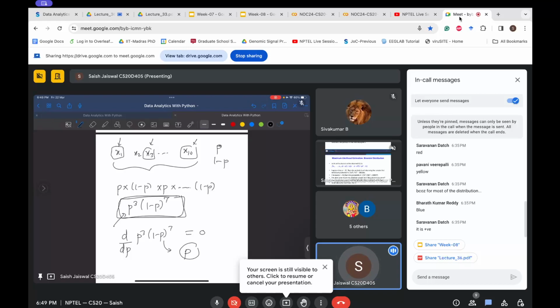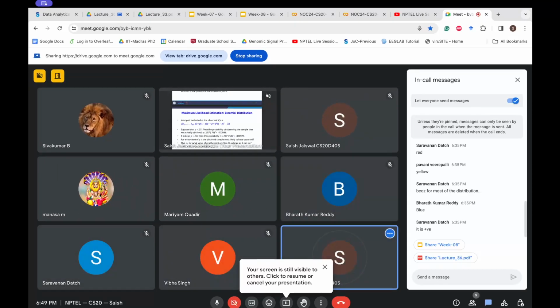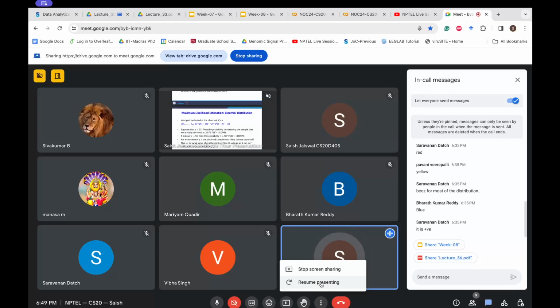Similarly, for other distributions as well, given the values of data points, you substitute those values in the formula for that distribution and then take a product of all the data points, take the log of it to convert it into a sum, differentiate with respect to the independent variables, the unknown parameters, and then equate it to 0 to find the estimates of the parameters with respect to the data points that you have.